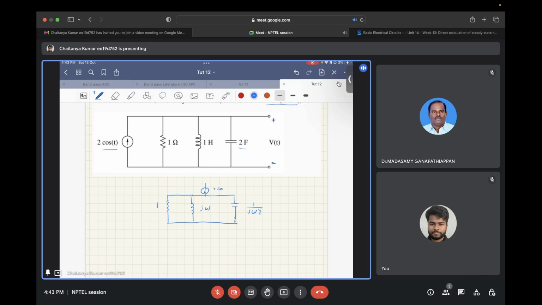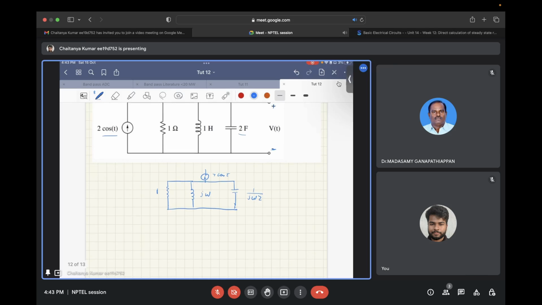So 2 cos t goes into this. So the reciprocal of equivalent impedance, or admittance in this case, will be 1 by r plus 1 by j omega plus j 2 omega.